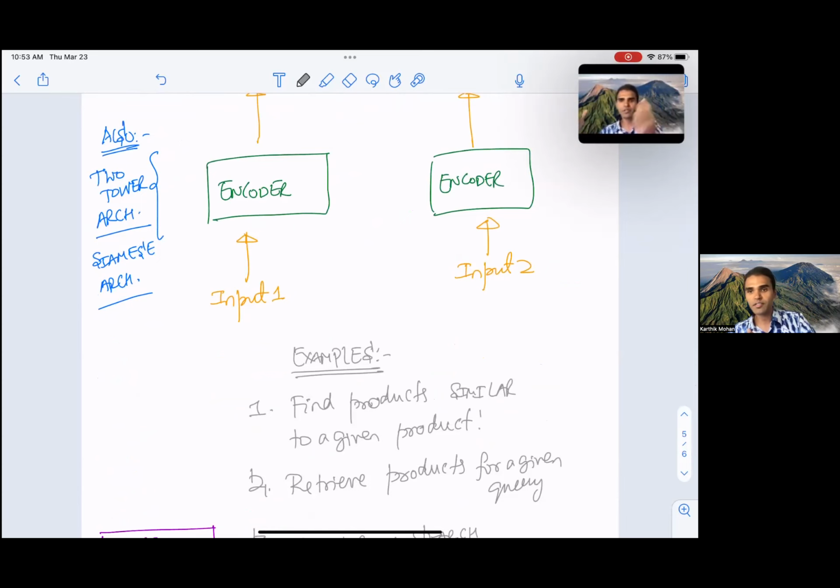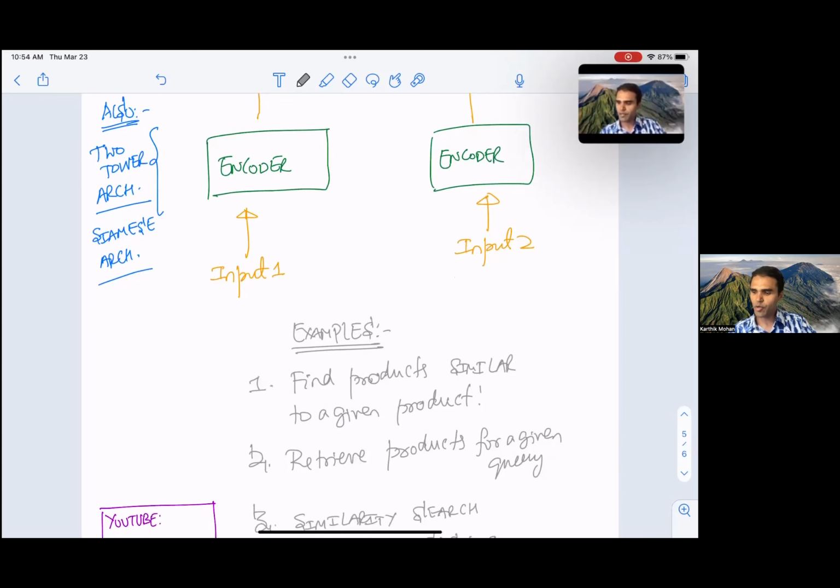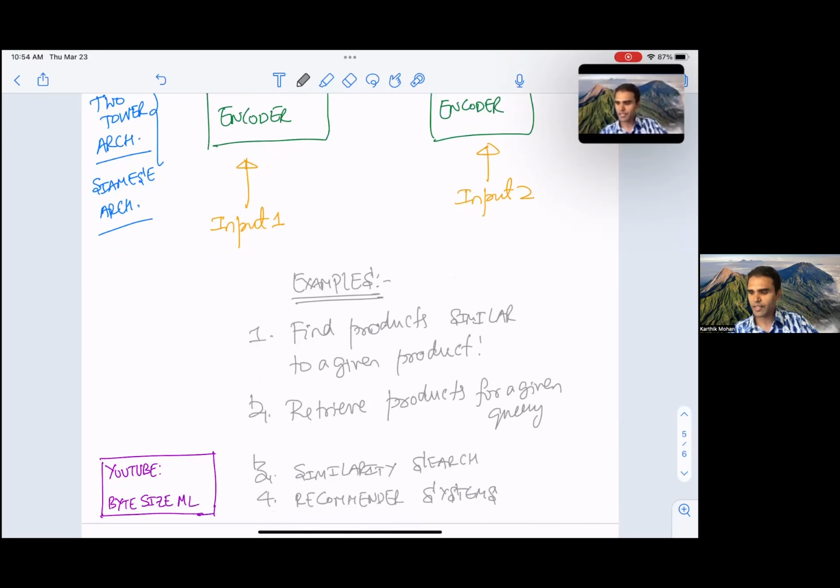Maybe you have some cleaning products that are similar. There, an encoder architecture is useful. Or retrieve products for a given query. You have a query and you want to retrieve products for it. Then you can use an encoder architecture as well.